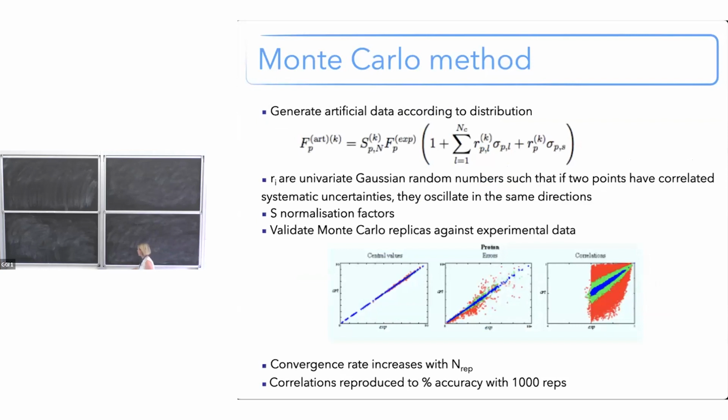So basically the idea is that if, let's say, you just have 2 data points, so these are the 2 data points and you generate, okay, this is replica 1, so they oscillate up. Okay, so you have a distribution of data. If they're correlated, the replica points oscillate together up, then the next replica could be this one where the data oscillate down. So you basically create a sample in the data space, okay?